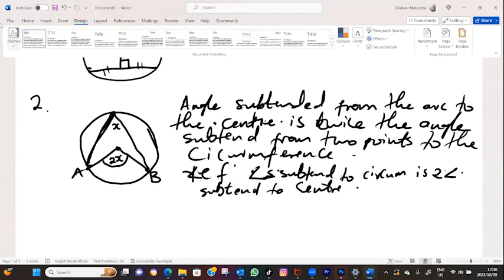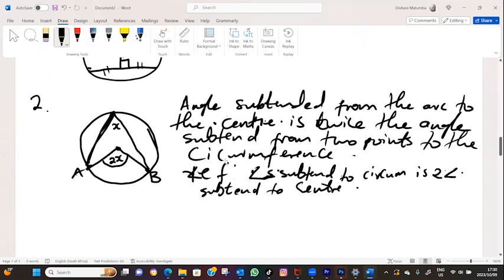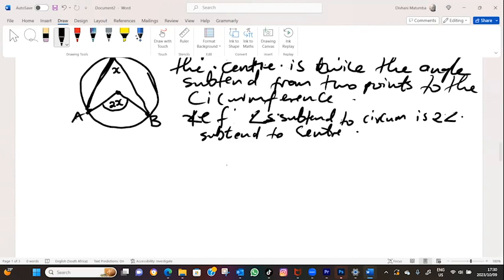Okay, that's the reason that we give all the time when we are proving that theorem.